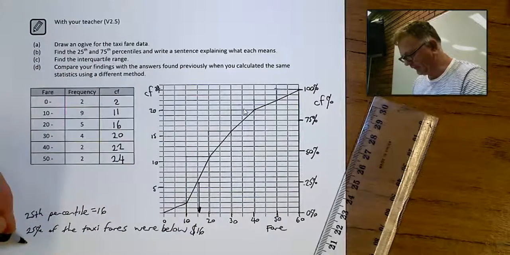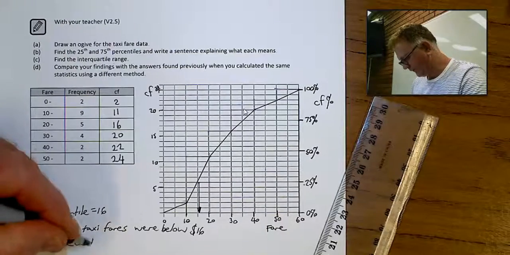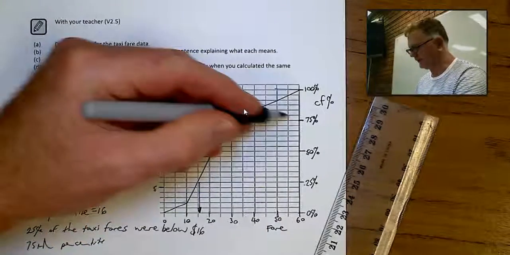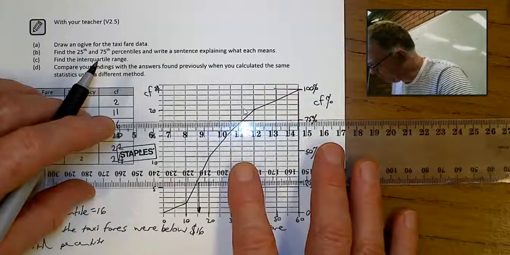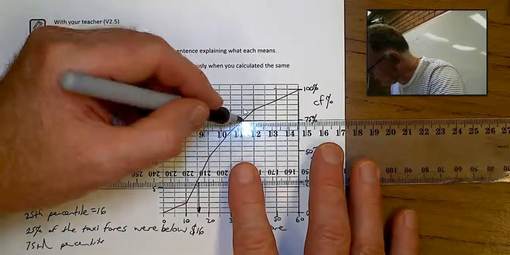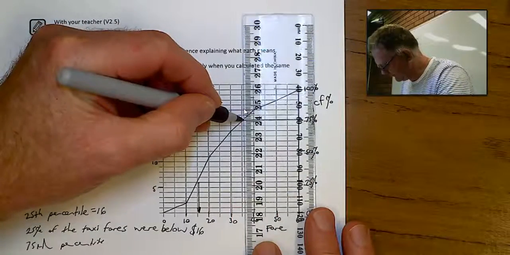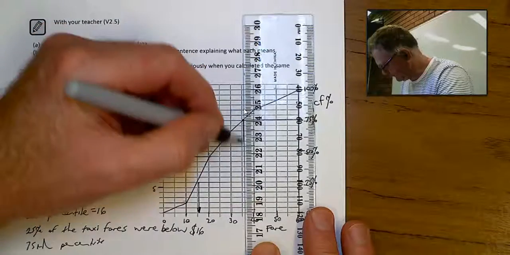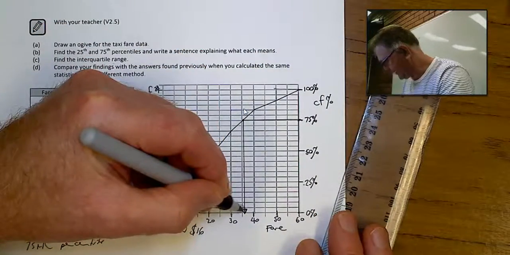What about the 75th percentile? I'll mark this axis here to 75%. I can go across to the graph and go down. Yeah, you need a bit of accuracy here.